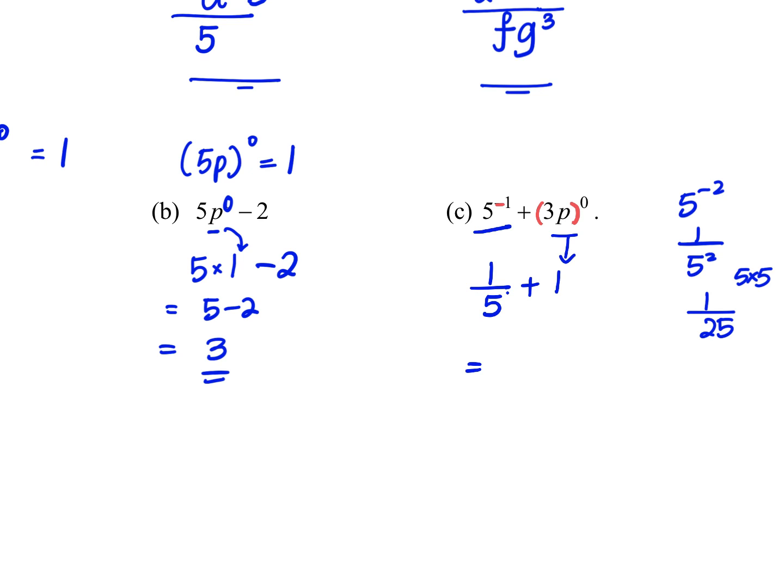Simplify it in either mixed number or improper fraction. So this is 1 and 1 over 5. This will be the answer. Okay, alternatively, when you have such questions that can be calculated using your calculator where everything is just numbers, you can use your calculator to help you find the final answer.